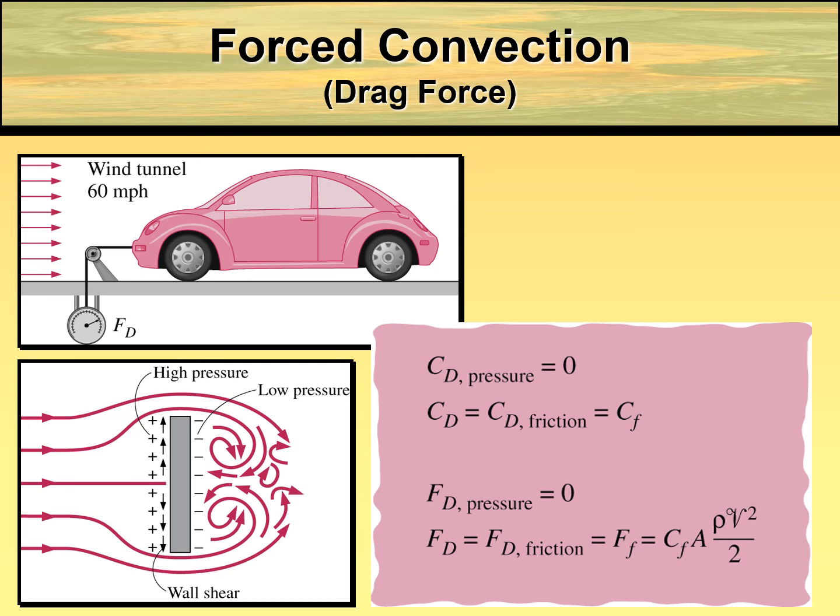Okay, so CD drag for the pressure is equal to 0, and then CD friction, which is equal to CF, where the CF can be derived from the friction force, which is given by CF times the surface area times rho V squared over 2.